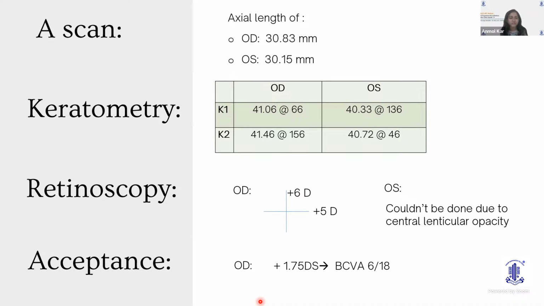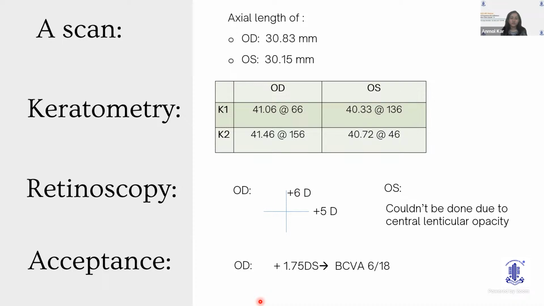The retinoscopy done with 0.5% tropicamide in the right eye showed plus 5 diopter spherical in the horizontal axis and plus 6 diopters in the vertical axis. The left eye retinoscopy couldn't be done due to the central lenticular opacity.